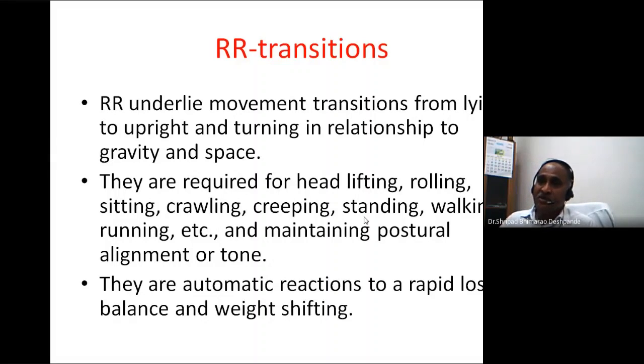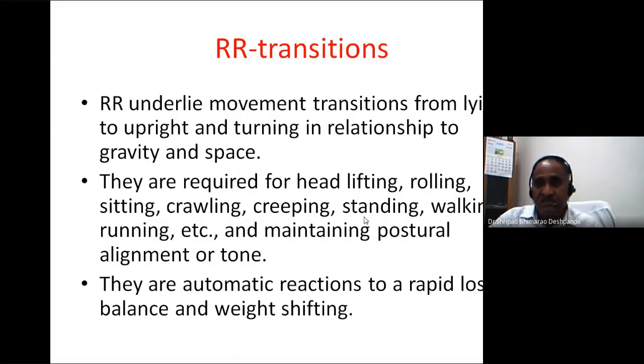All these postural alignments are associated with tone. That means these transitions are associated with different levels of tone in the muscles. These responses or reflexes are rapid and they don't lose time, and they are necessary to balance one's body and carry the body weight when you are changing.